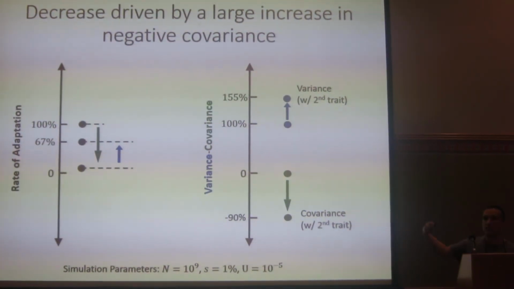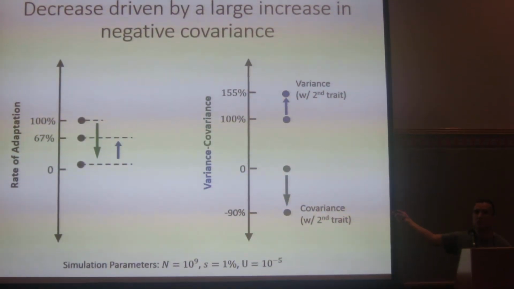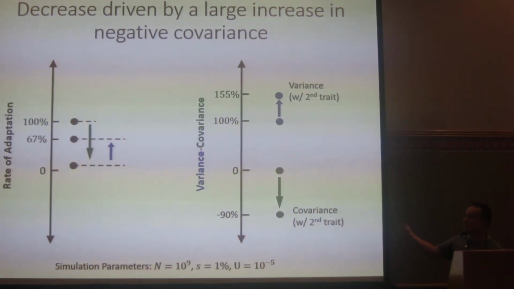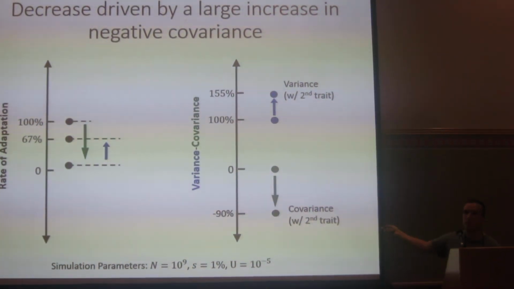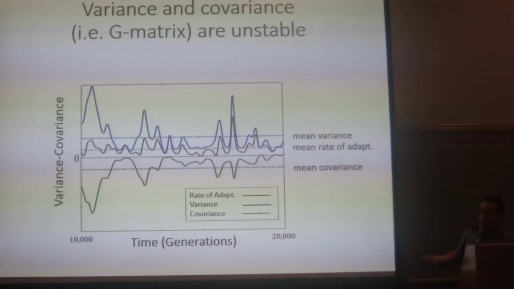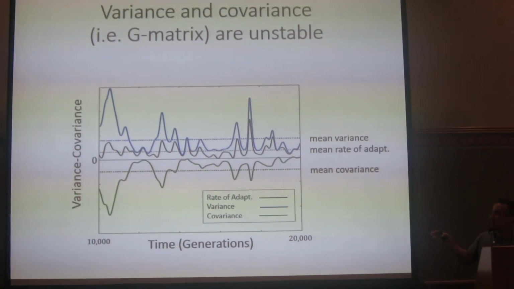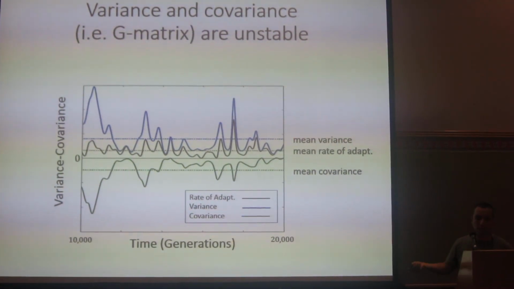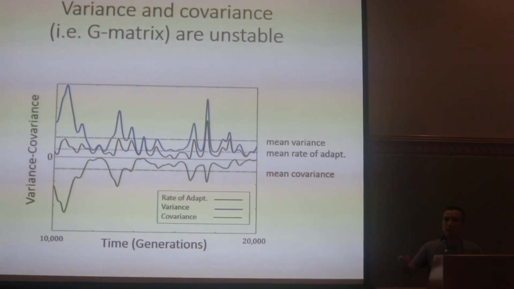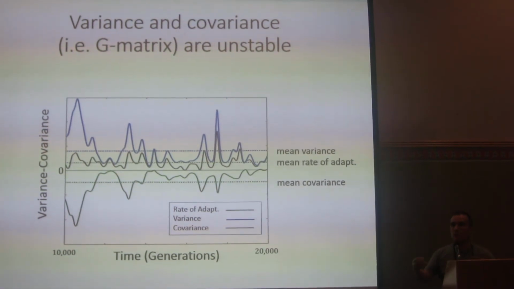This is interesting because it agrees with the observations on life history traits, and it's all driven by linkage disequilibrium. We've said that a trait's evolution is determined by the covariance and variance, and ultimately those are the components of the G matrix.